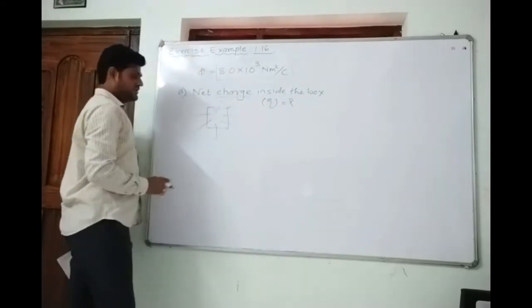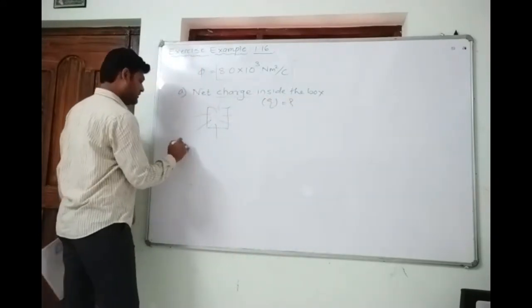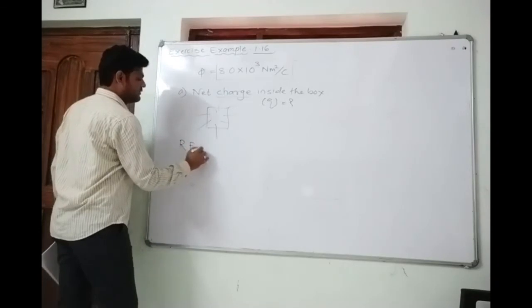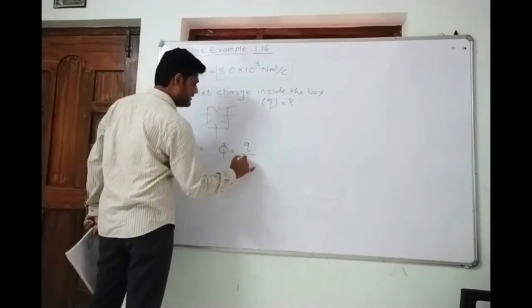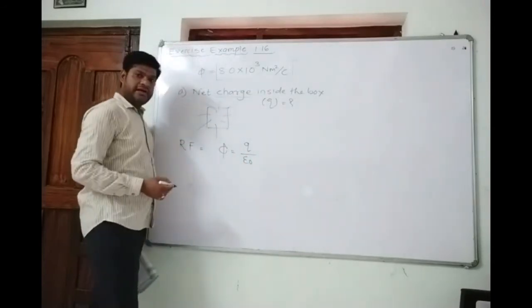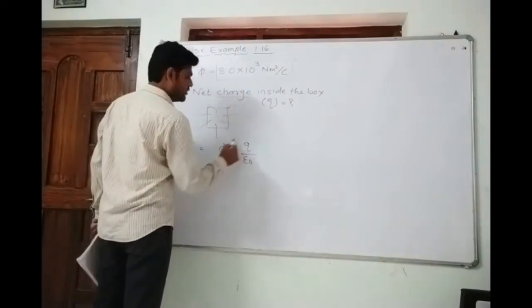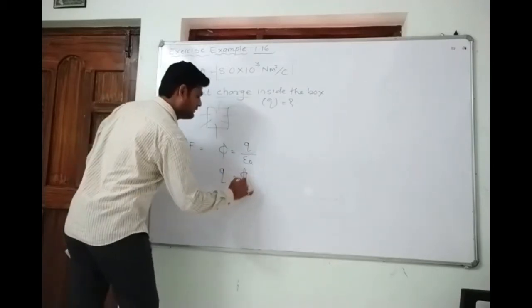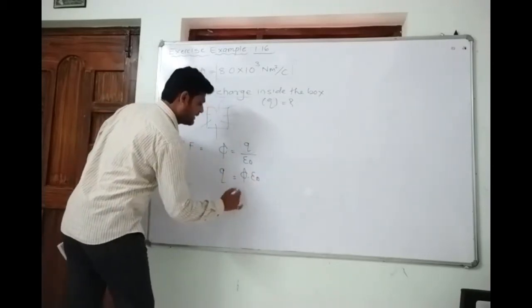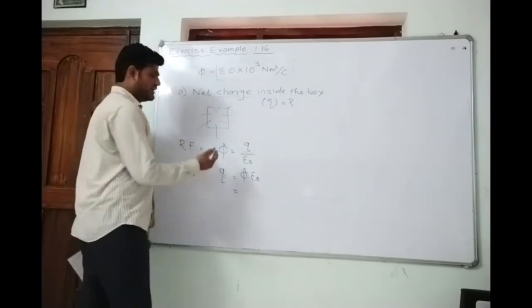Dear students, here the required formula will be phi equal to charge divided by epsilon 0. So Q equal to question mark. So Q equals flux into epsilon 0. By putting all the values, we can get the answer.